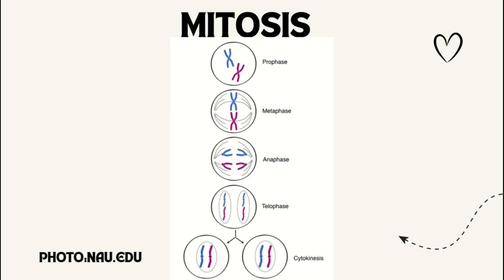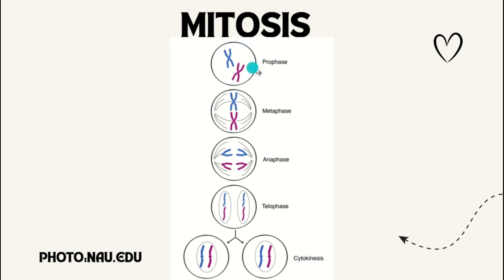But this is where the chromosomes become condensed, and then you'd also see the centrioles. So the centriole, or let's just say centrosome, because the centrosome has the centrioles in it, is basically going to be like a circle or something. They're going to be on opposite ends of the cell.